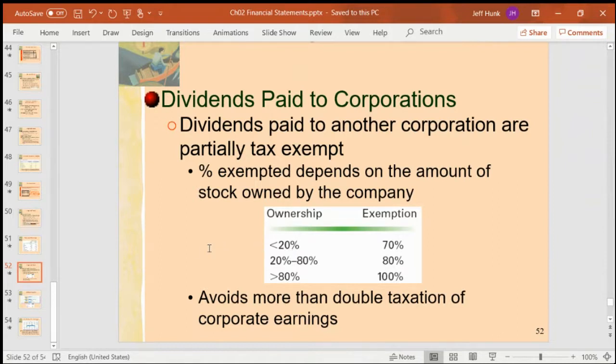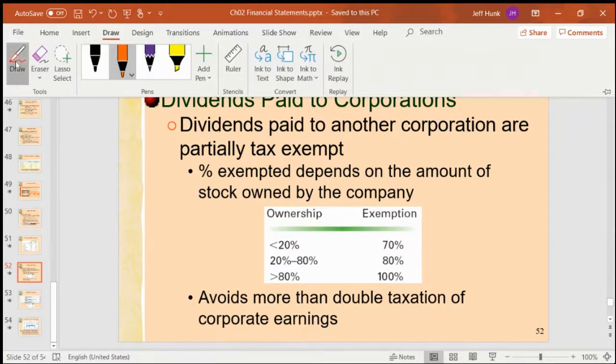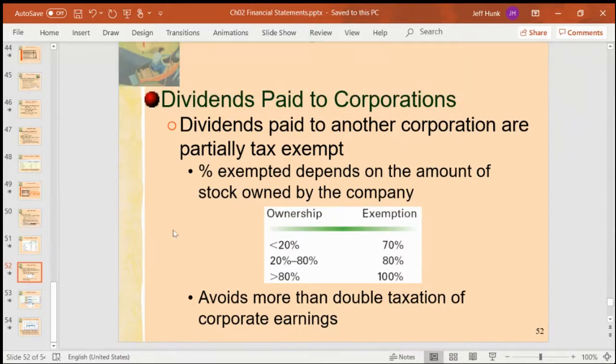So in our example, let's call the company Dakota.